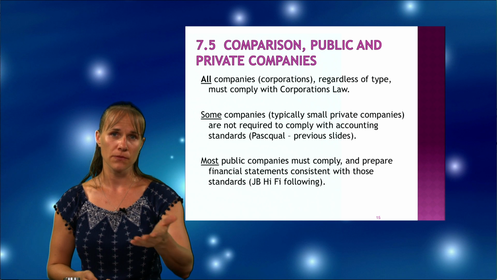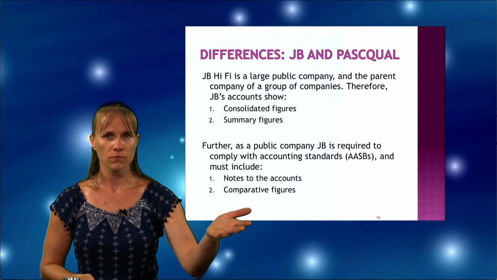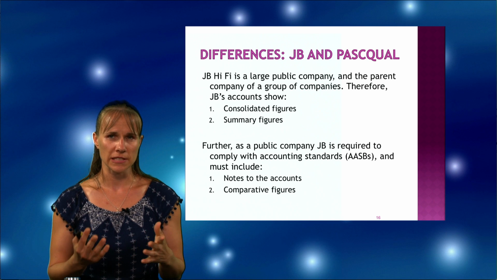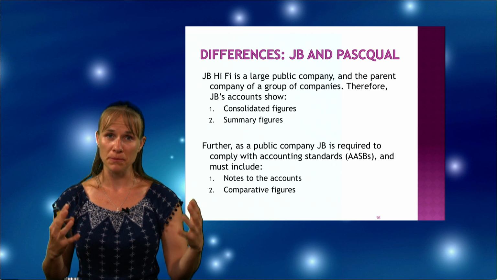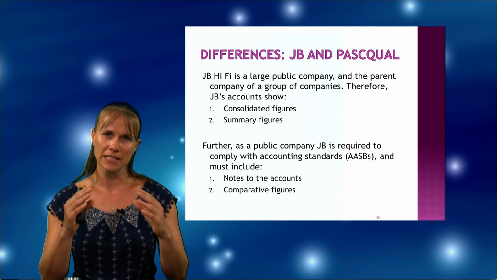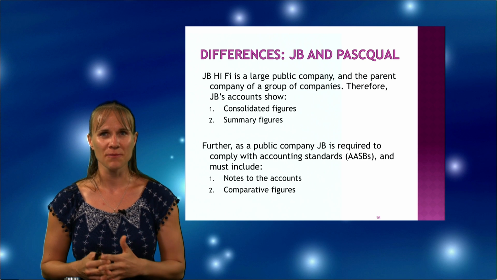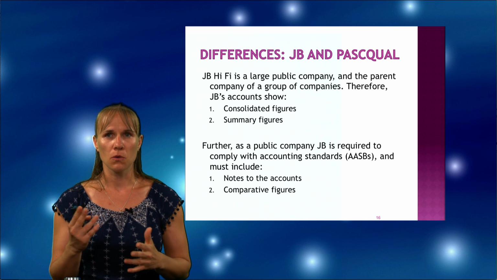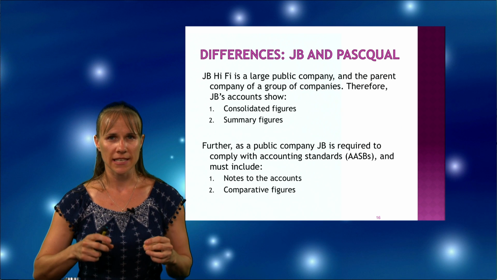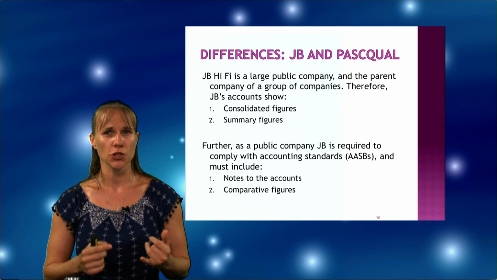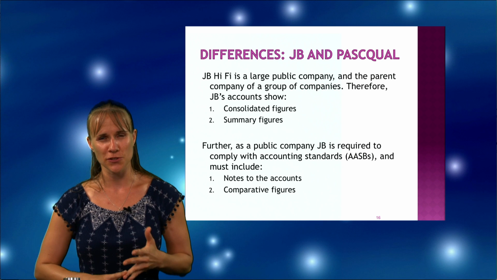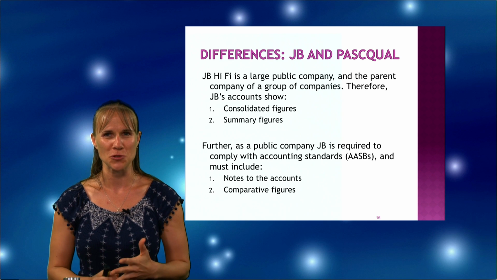So say we've got JB Hi-Fi. If we look at the differences between JB Hi-Fi, a big corporation, and Pascal, a small sole trader, we can see that JB Hi-Fi's accounts show consolidated figures, and they also show summary figures, which we'll come to shortly.